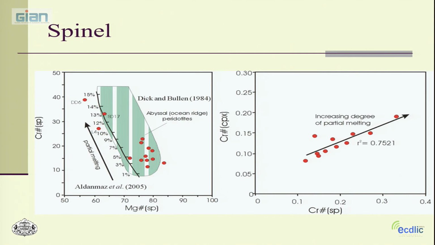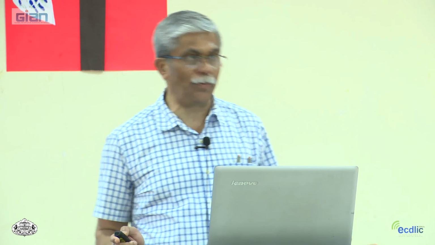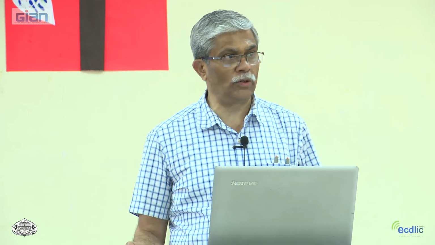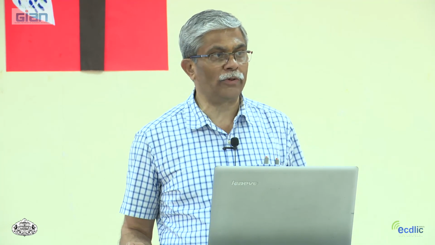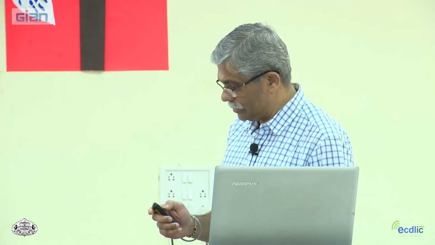So whether it is batch melting or fractional melting, the melting doesn't exceed more than 15%. So it is a limited amount of partial melting. They are the product of limited partial melting with a superimposed enrichment process of metasomatic activity. That is the combination that seems to have played an important role in modifying the composition of the subcontinental lithospheric mantle over here.